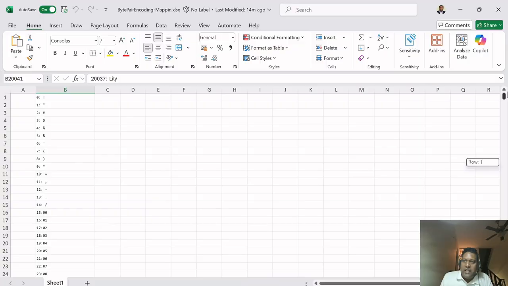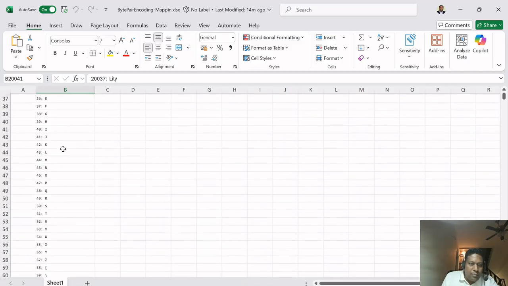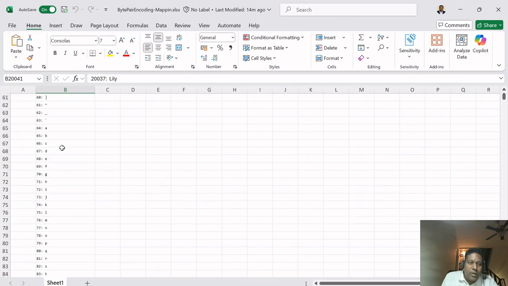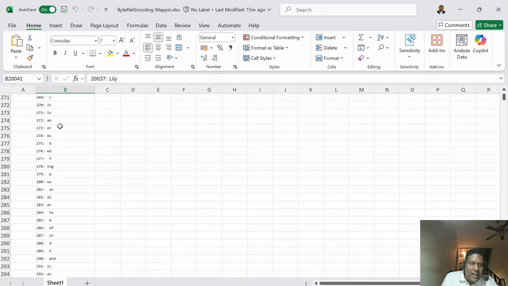As you can see here, this byte pair encoding initially starts out with a lot of special characters, the numbers, and the alphabets. When the encoder encounters words which it is not able to decipher, it just assigns them to the alphabets. And if you scroll further down, you would see some of the commonly occurring words and conjunctions: it, is, an, or, and, ing.